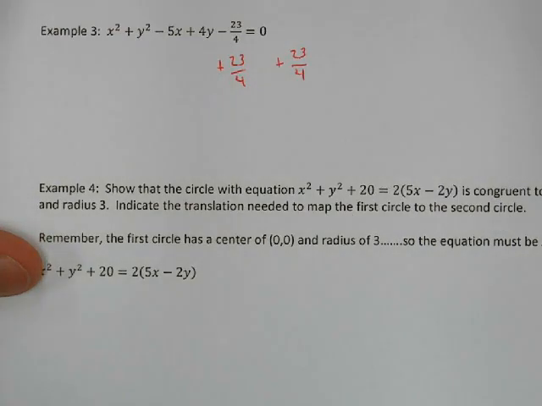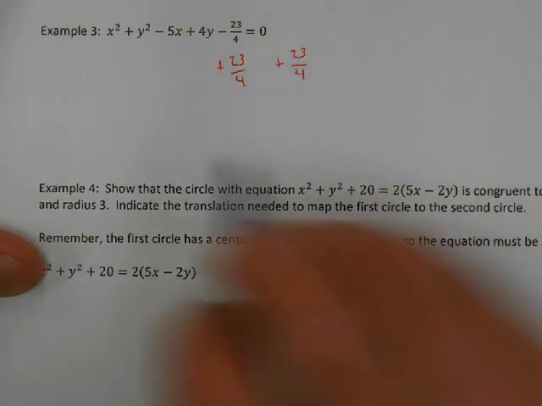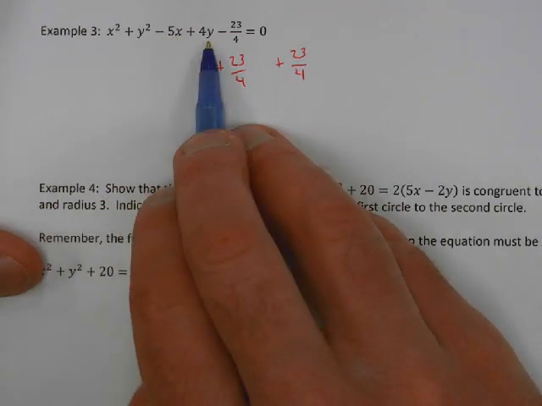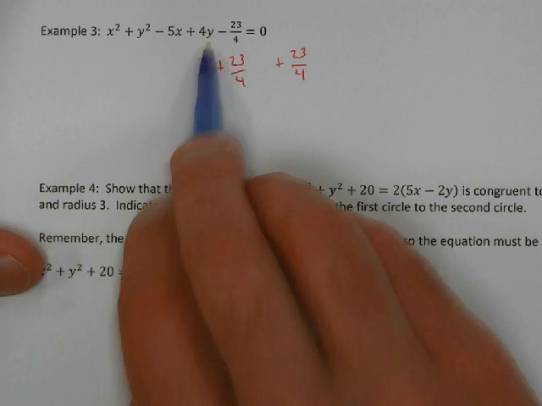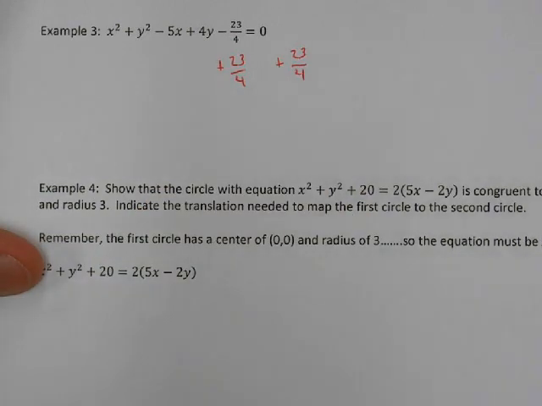And then in our second line, again, we want to do a couple things. We want to group the x's together and group the y's together. We can see we're going to have to complete the square for both of these this time. And then we also want to leave room to add something to complete the square.